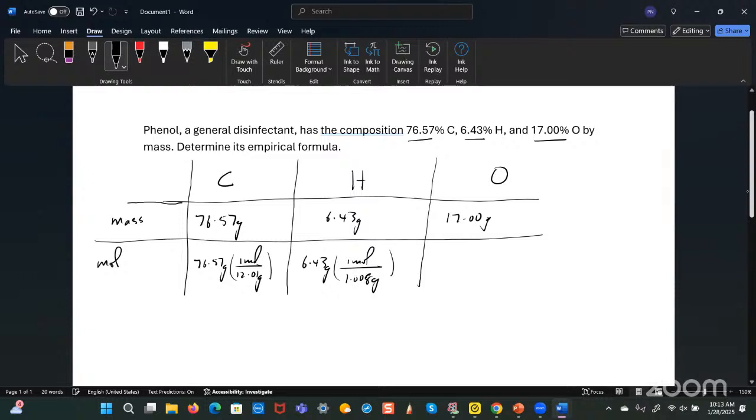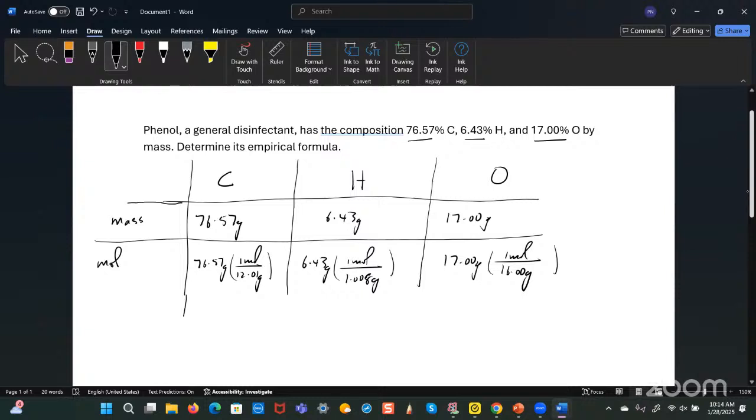And then in the case of oxygen, that would be 17.00 grams multiplied by 1 mole over 16.00 grams. All right, and then we do the calculation. And please, I always say, do the calculation yourselves so that I'm not leading you guys astray.